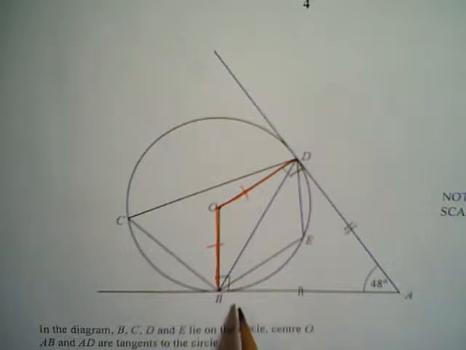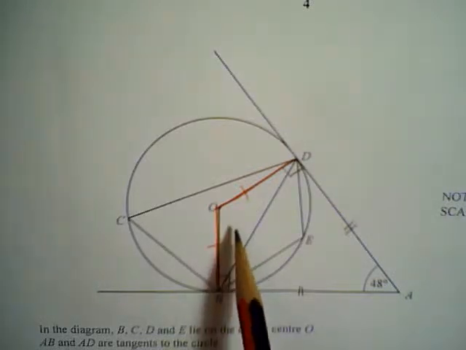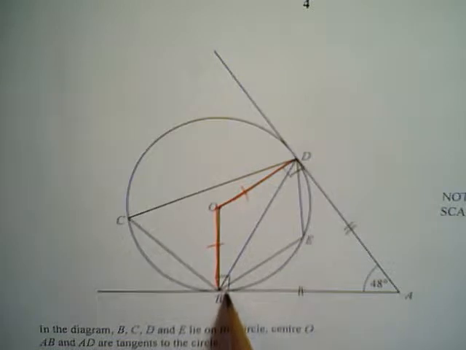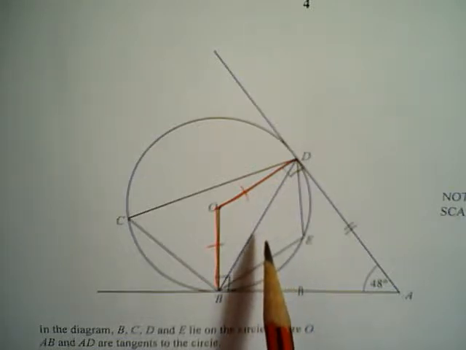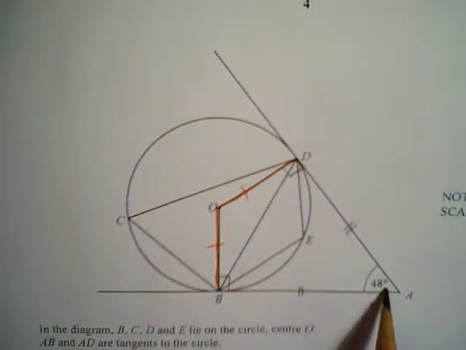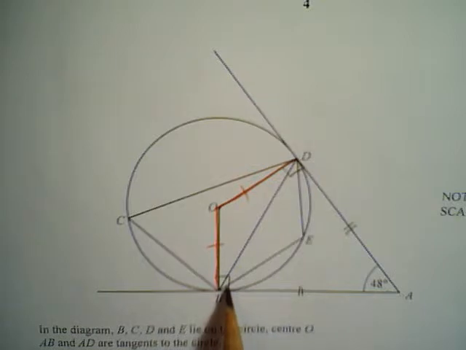How can we find this? We know that this angle is 90 degrees. Is it possible to find any one of these other angles? If that is 48, okay, then I can see this.